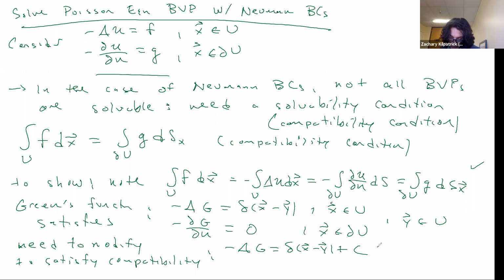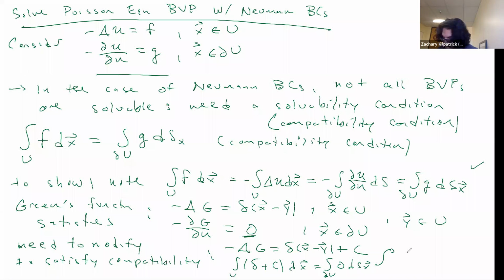So if we look at this integral over the volume, okay, we see that according to our compatibility condition, right, which here, this would be our boundary condition here, this needs to equal just the integral over the boundary of 0, which is going to be 0, okay?